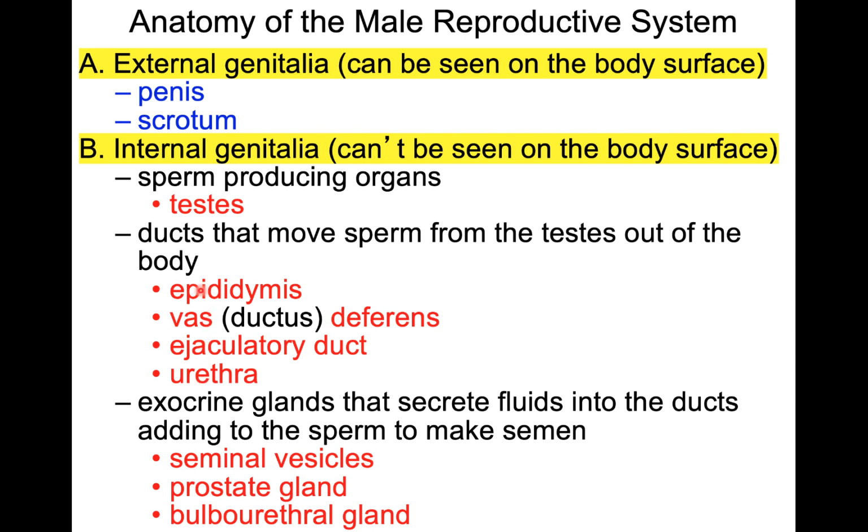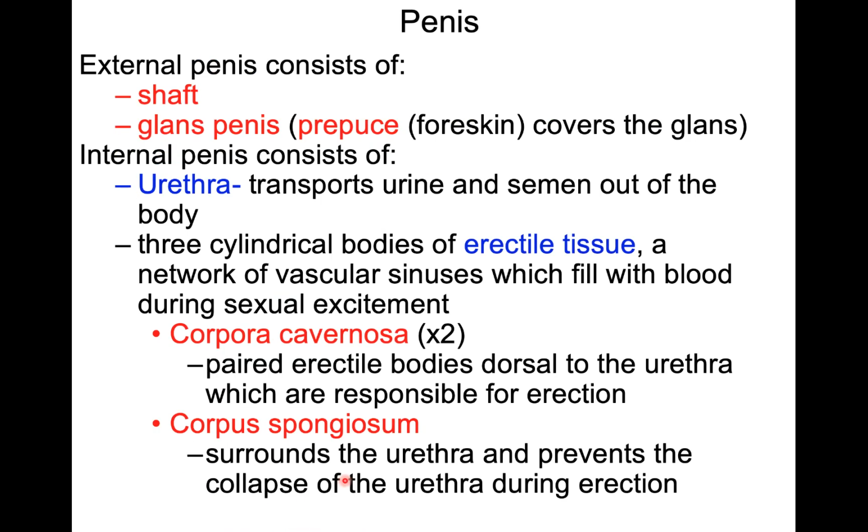Along the way of this pathway, you have those three glands we mentioned. They're considered exocrine glands because they don't make hormone. They make enzymatic and nutrient-rich fluids that supply the sperm with what they need to survive and get to the egg. That includes the seminal vesicle, the prostate gland, and the bulbourethral gland.